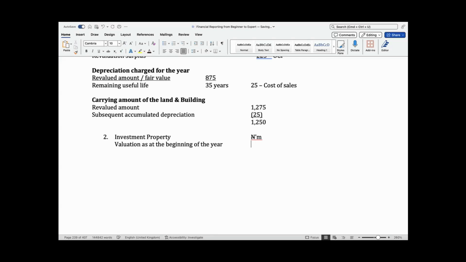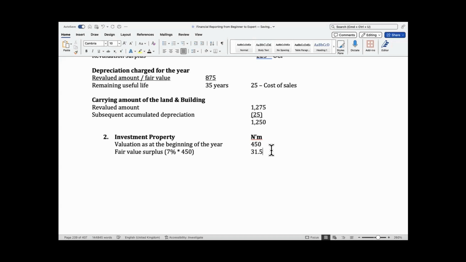It's 450. They said if value has increased, which becomes a fair value surplus, it has increased by 7%, which will be 7% of 450. So how much is that? 31.5 million. Okay.